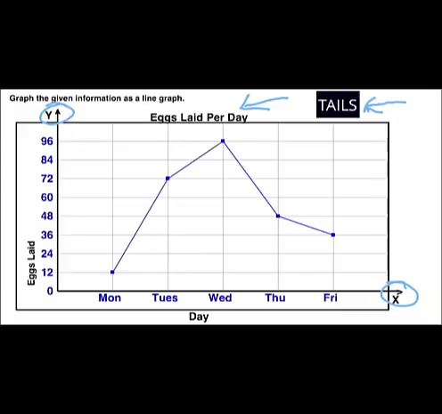On the y-axis, we see how many eggs were laid on each day, and the days are shown on the x-axis. The I stands for intervals. As you can see here, we're counting 0 to 12, 12 to 24, 24 to 36, 36 to 48, and then so on. The intervals are counting by 12, plus 12.